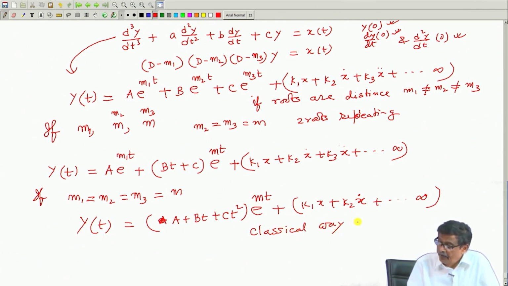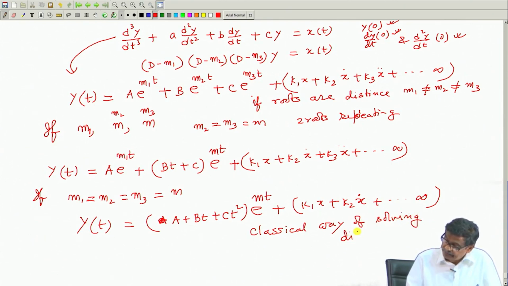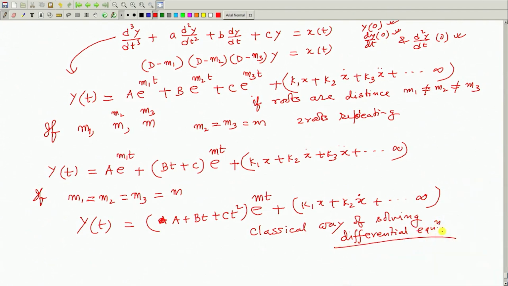Classical way of solving differential equation. Clear? While telling about the roots, I told you that there are repeating roots and there are distinct roots.